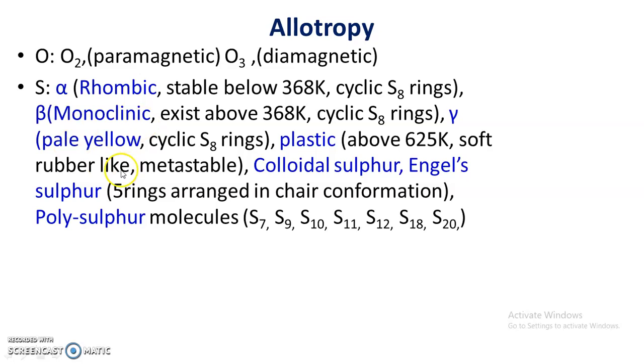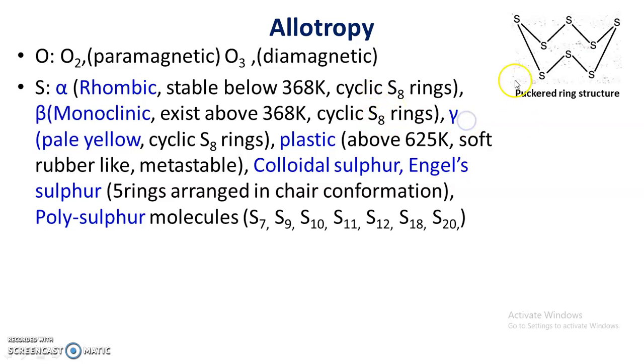Sulfur exists in several allotropic forms, that is alpha sulfur, also called rhombic sulfur. It is stable below 368 Kelvin. It has a puckered ring structure like this, and it is a cyclic molecule.